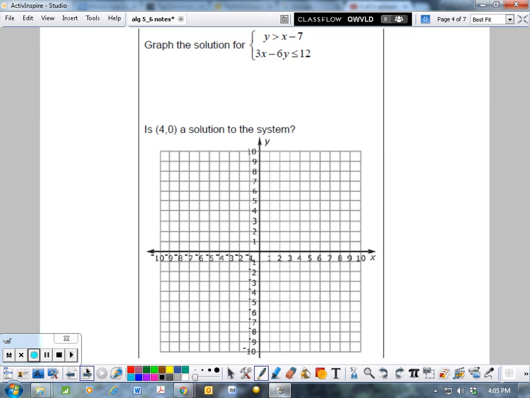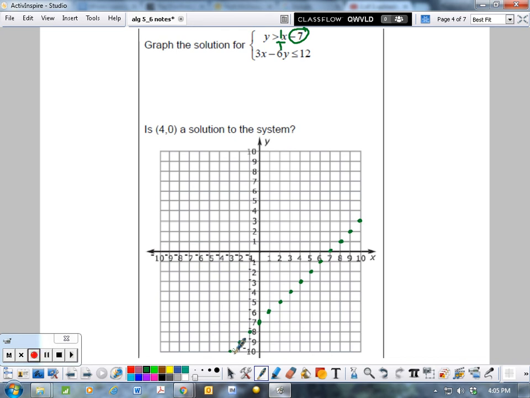Okay, next one. Go ahead and graph the first one in green, so I'm going to start at -7. And then my slope is 1 over 1, which is up 1, right 1, or down 1, left 1.